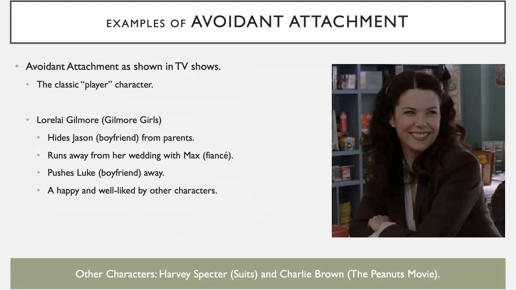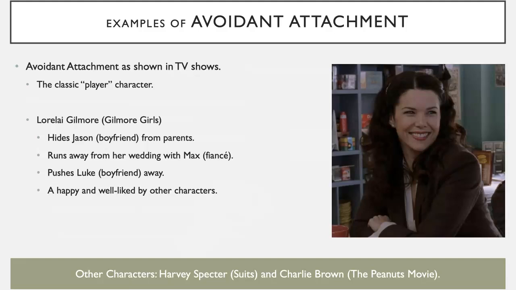An example of avoidant attachment is the classic player character in different TV shows, and a really good example is Lorelai Gilmore from Gilmore Girls. She hides her boyfriend Jason from her parents. She doesn't want her parents to know about him, doesn't want them to have a relationship with him.